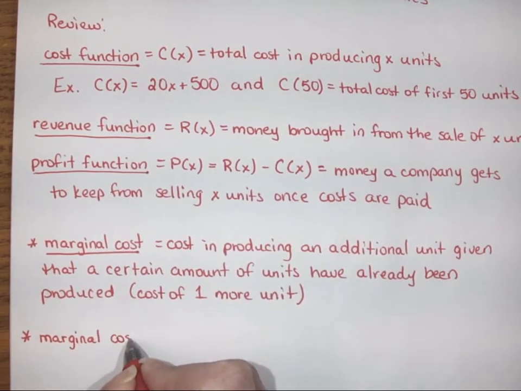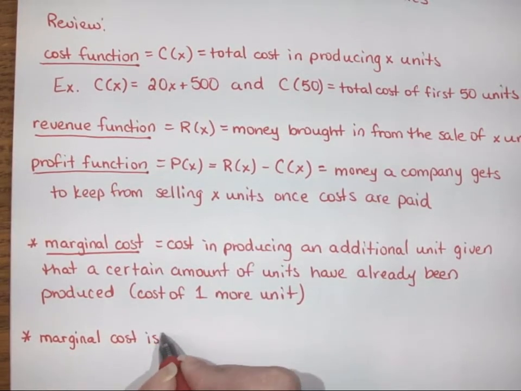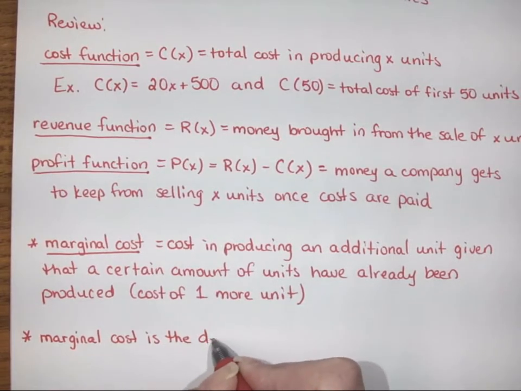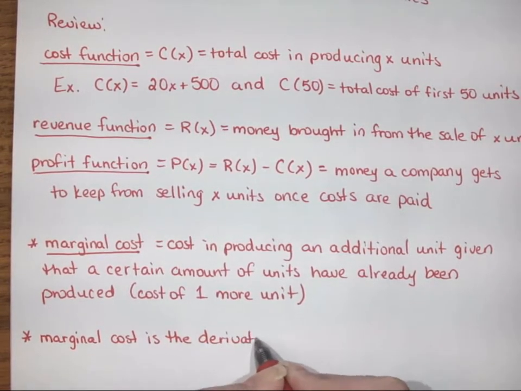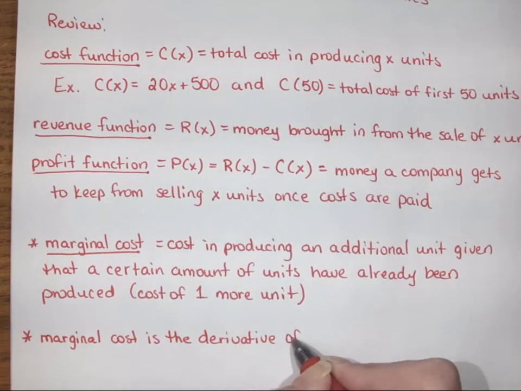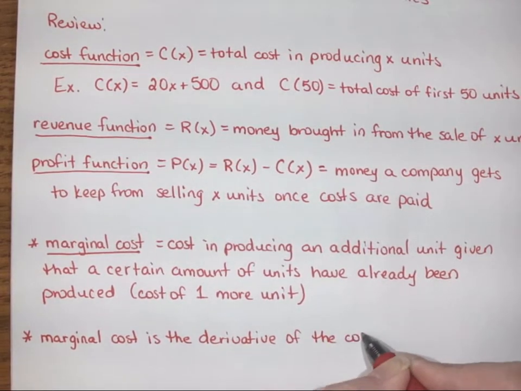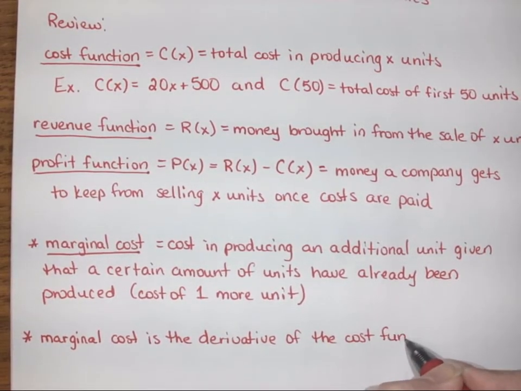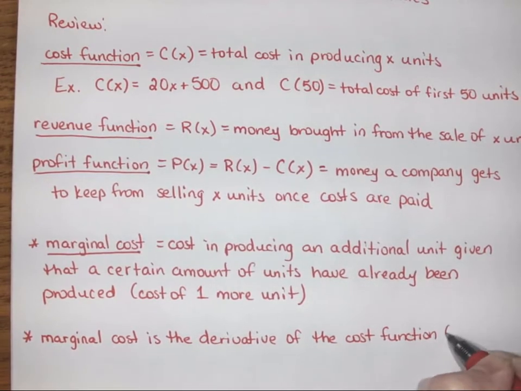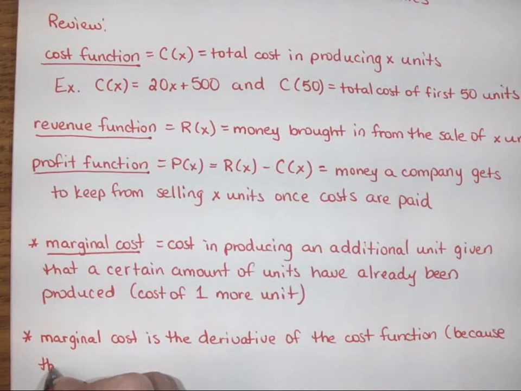But marginal cost is always, since it's the cost of the next item, it's a rate of change. And so it's simply just the derivative of the cost function. So when you see the word marginal, you need to realize that's synonymous with derivative. But the derivative, remember, represents a rate of change or the slope of the tangent.